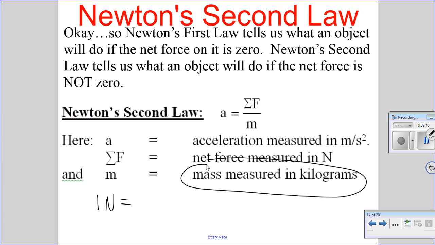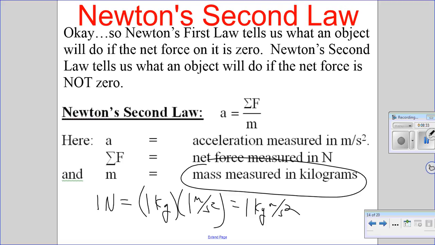We're going to make 1 newton equal to the amount of force required to take a 1 kilogram object and accelerate it at 1 meter per second squared. So it's a kilogram meter per second squared. That's the definition of a newton.